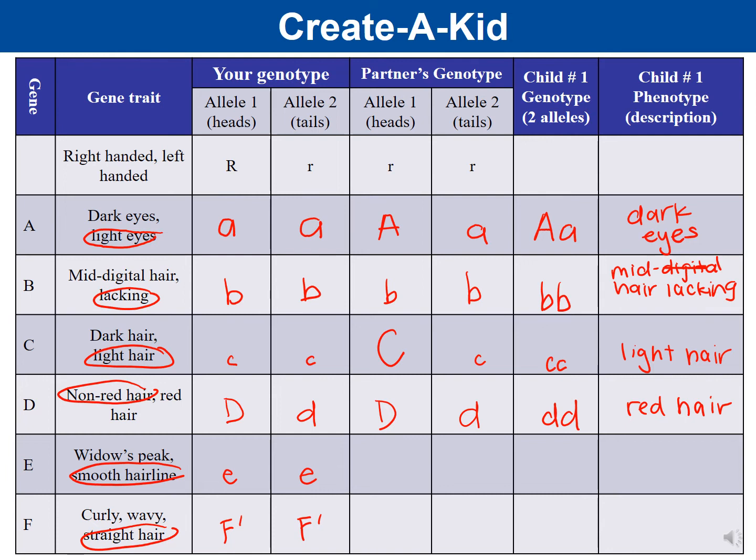It's completely random. It happens by chance. Think of flipping a coin. Flipping a coin is completely random. Sometimes it's going to be heads, sometimes it's going to be tails. You would expect that about 50% of the time you'd get heads, 50% of the time you get tails.